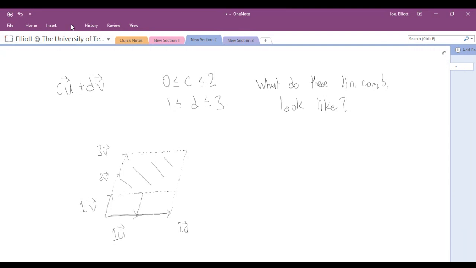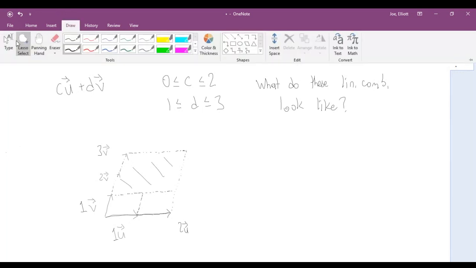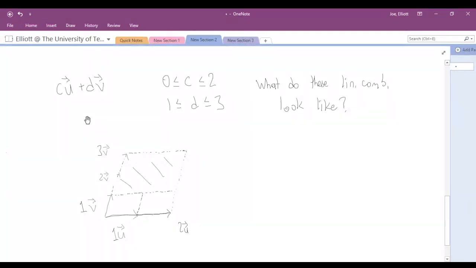So it has to be between 1v and 3v, which is why it's in this range and doesn't include anything down here. And then since c is between 0 and 2, it should start from 0u, which was here, and stretch out to 2u, which is here. So that forms this region like that, okay?